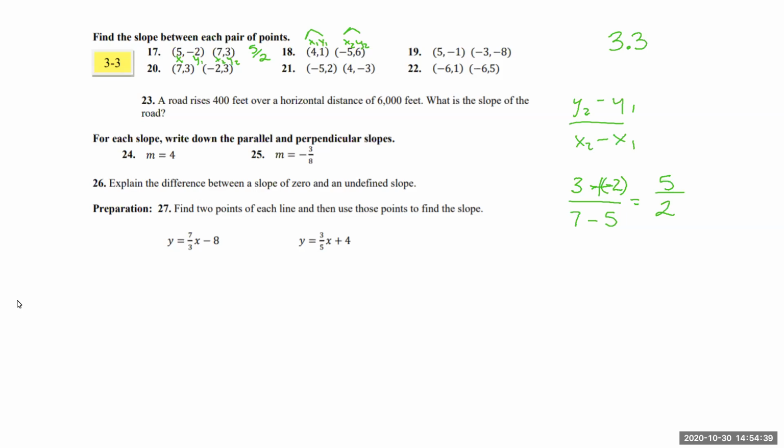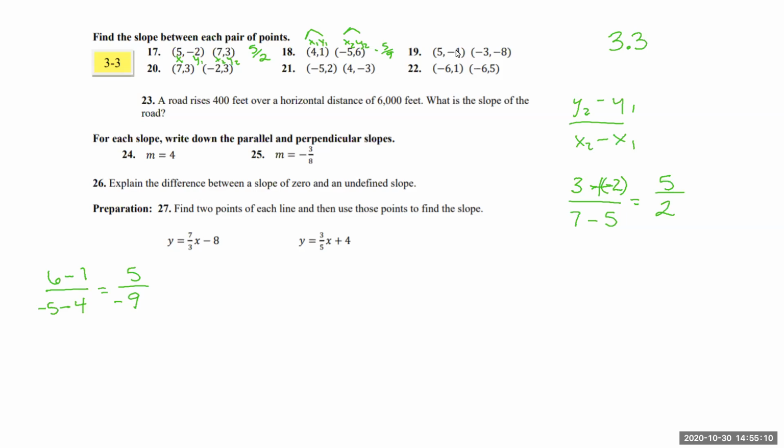Okay, so then going through the formula here, we're going to have 6 minus 1 on top. And then our x2 is going to be negative 5 and then minus 4. So what we're going to have is a 5 because 6 minus 1. And then negative 5 minus 4 is going to give us a negative 9. So negative 5/9 is going to be our answer there.